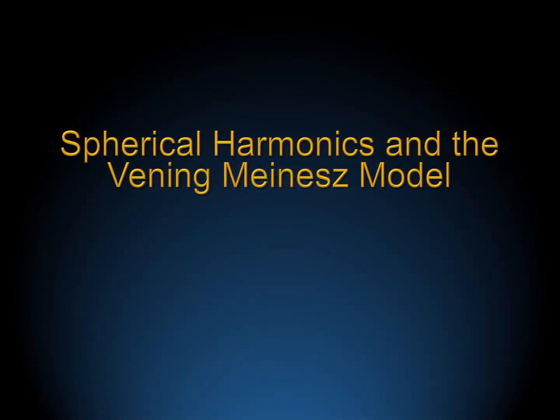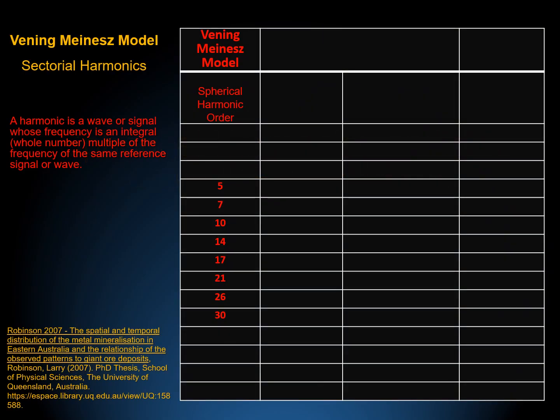Spherical harmonics and the Vening Meinesz model. The red column in this table is spherical harmonic order, and the various spherical harmonics, 5, 7, 10, 14, 17, and so forth, are the peaks along the hyperbolic curve.